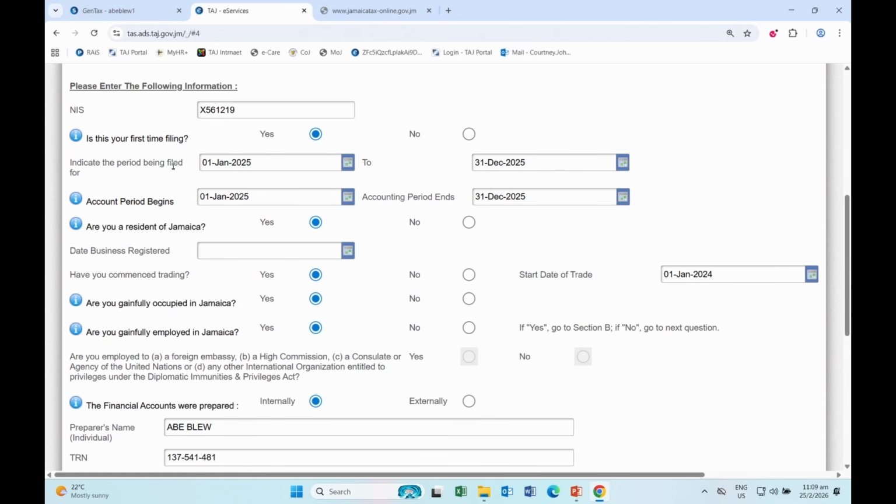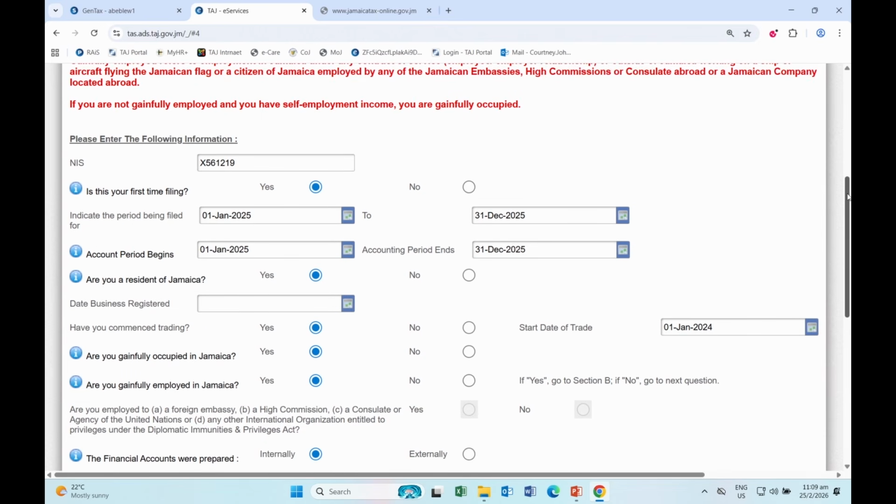Indicate the period being filed for. Now, based on the act, the period that we're focused on, or the calendar year, is what we focus on, and that's from January to December. Any period outside of that would be a period that is permitted, and it's usually based on permission from the Commissioner General.